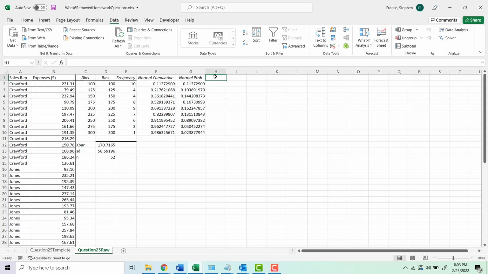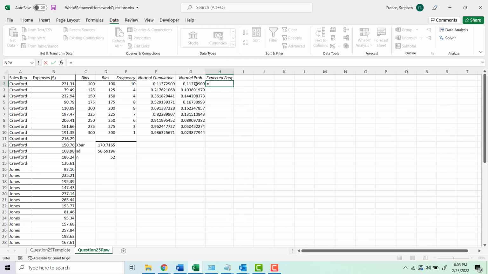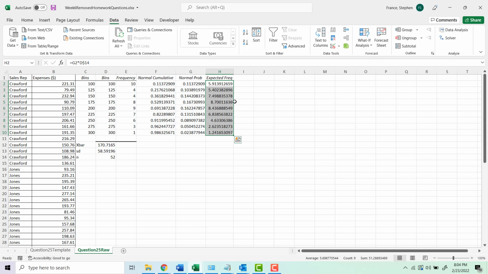So we'd have the expected frequency if it was normal, and this would just be the normal probability multiplied by the n. So this is going to be times the n. And again, we don't want the n to drop down, so we're going to put $1 on it. And then we're going to drag it down.